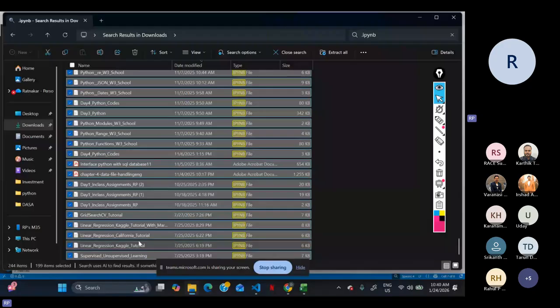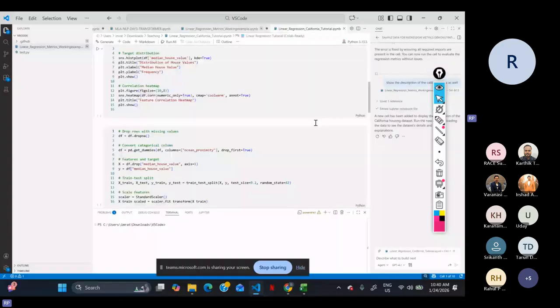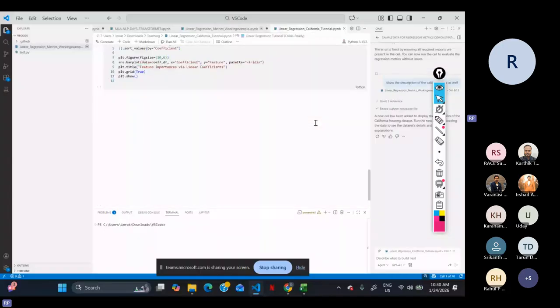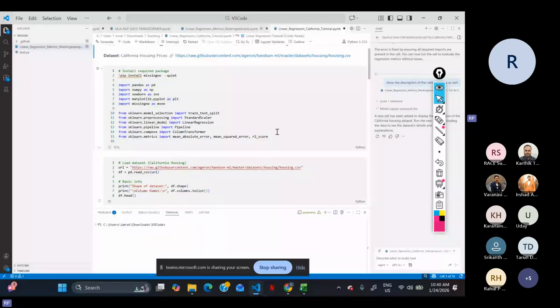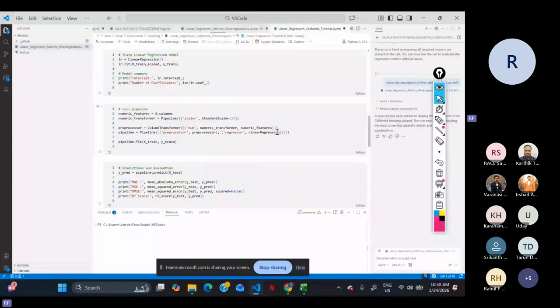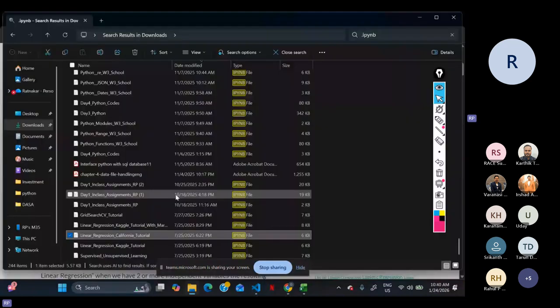So the formula for theta 0: if we want to update theta 0, the new theta 0 equals theta 0 old, because this is the old theta 0 we already have, minus alpha. Alpha is the learning rate. Times the derivative of loss, delta L by delta theta 0 old.